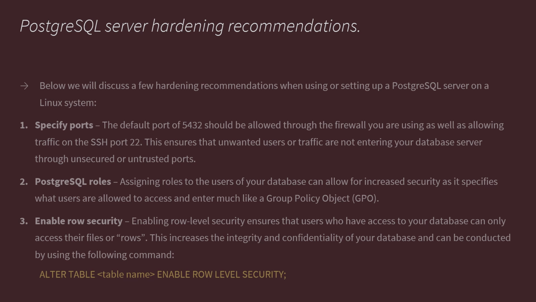This can be done using the uncomplicated firewall that's provided in Linux, and you basically allow traffic on the port of 5432 as well as the secure shell port of port 22. This ensures that unwanted users or traffic are not entering your database server through unsecured or untrusted ports, and can be done as discussed through the uncomplicated firewall using the accept command.